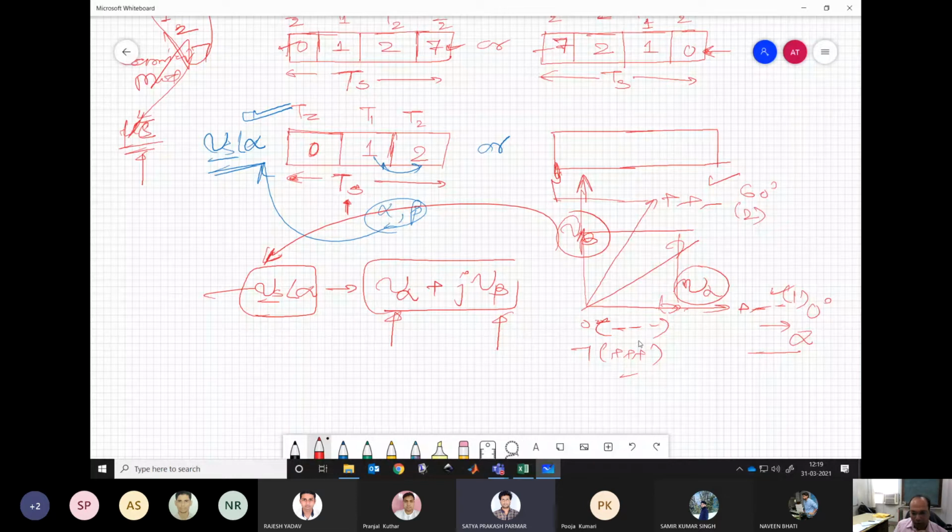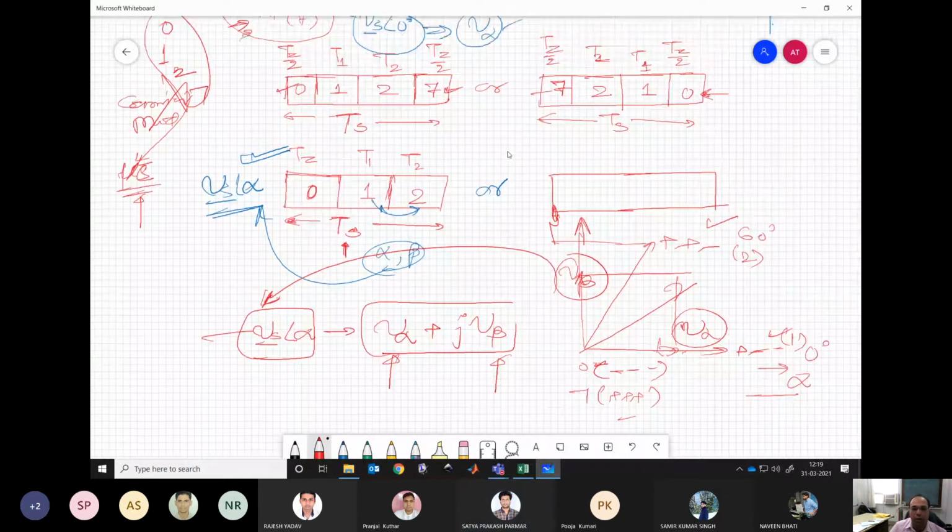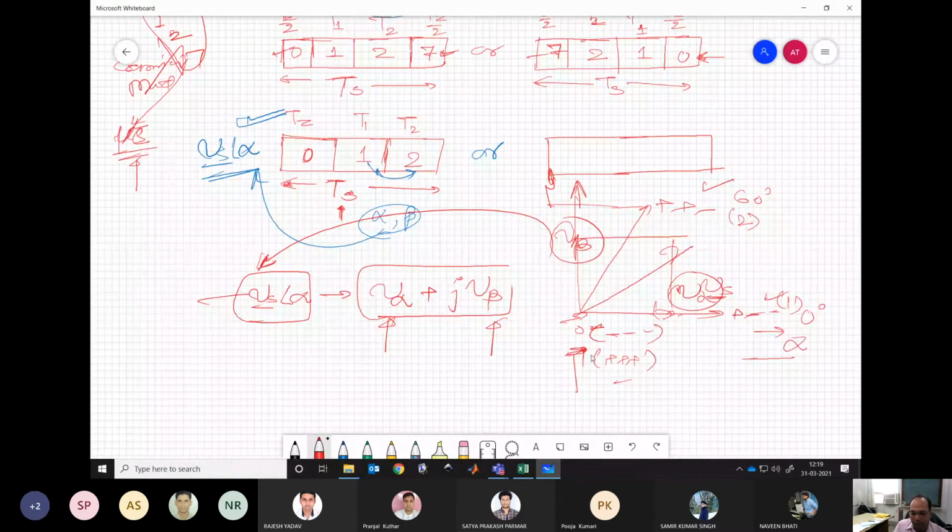So zero vectors are not actually contributing to the length or magnitude of the Vs vector. There is no contribution, it is at the origin. So whether you apply this or don't apply this, it doesn't matter. Why are these applied? To maintain a constant sampling time, to have a constant Ts or the desired Ts.